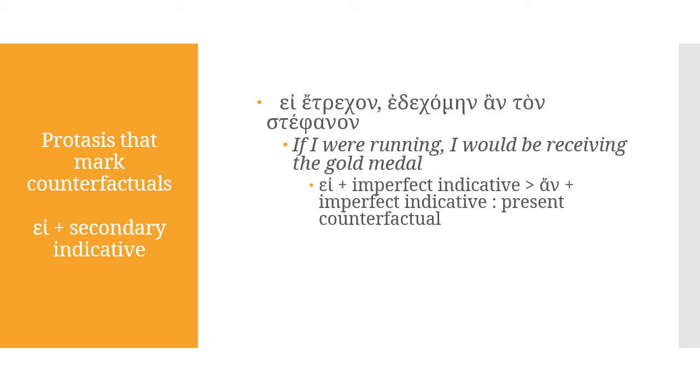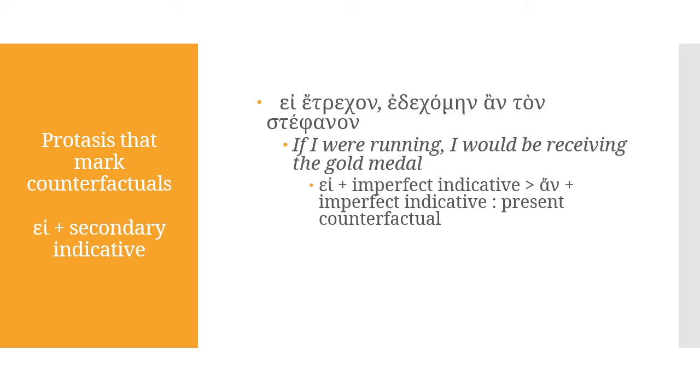What I want to impress upon you in this lecture is you can read and feel the force of these two components separately. You don't need to sum them to get the result. Ei etrechon, if I were running. And I'm going to come back to this a little bit later, but really there's no difference in Greek between if I were running and if I was running. In English, you need to make the distinction. In Latin, you do.